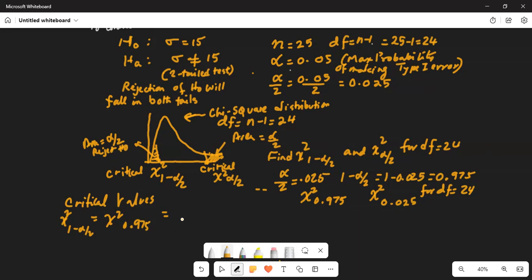And that critical value is 13.848. And the other critical value, chi-square alpha by 2, which is chi-square 0.025, is 39.646.